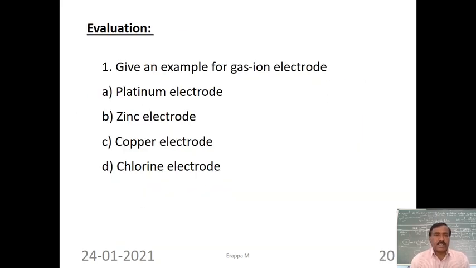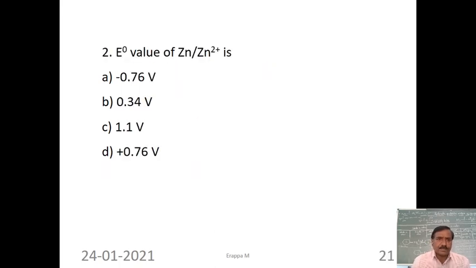For this session some simple questions are asked. One: give an example for a gas ion electrode. There are 4 options: platinum electrode, zinc electrode, copper electrode, and chlorine electrode. The answer is D, that is chlorine electrode.